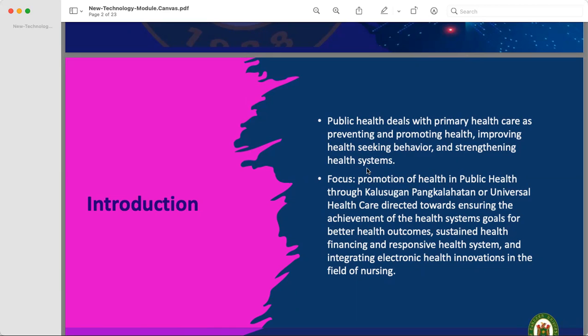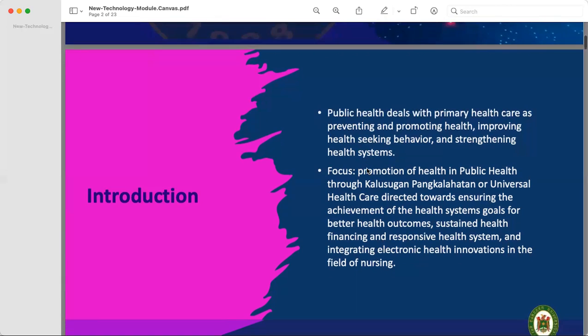Also, to sustain health financing and to make the health system more responsive to the needs of the people. And while doing this, part of the focus also is to integrate electronic health innovations in the field of nursing, which is our topic for discussion today.